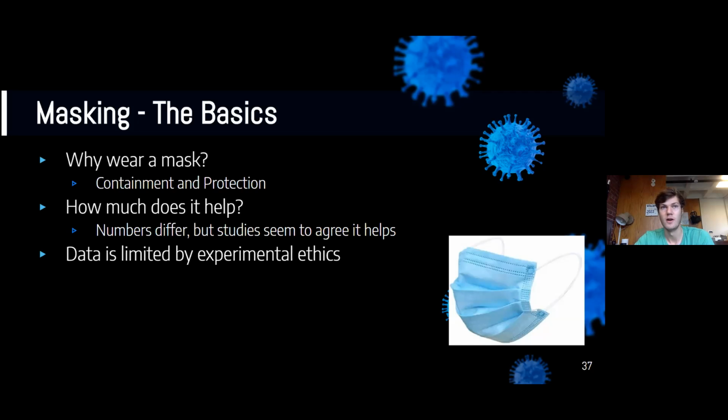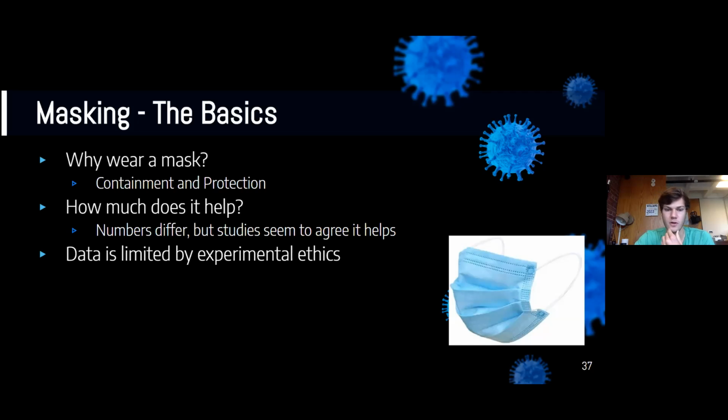So studies are really based on the emission of airborne particles and the mask's ability to prevent those from getting into the air. And then also retrospective studies, which say like, masking started here, cases went down by here.